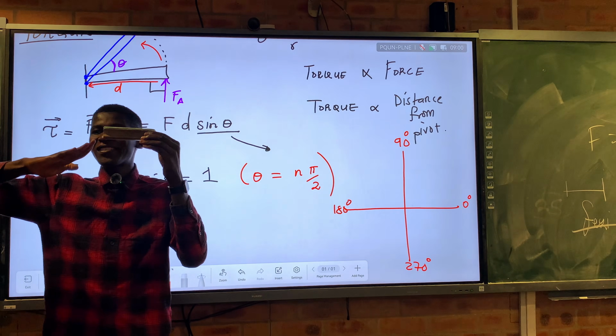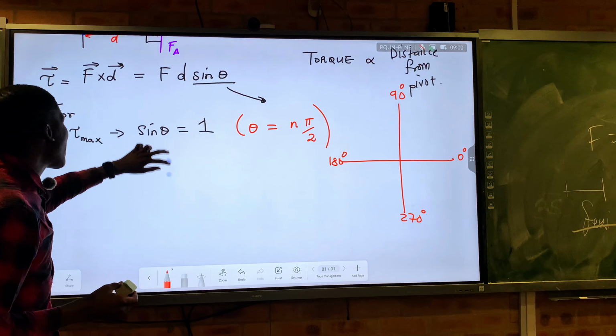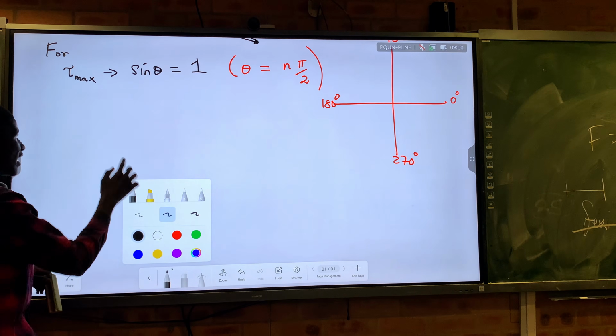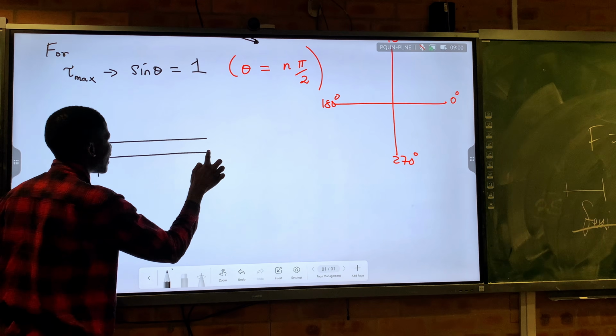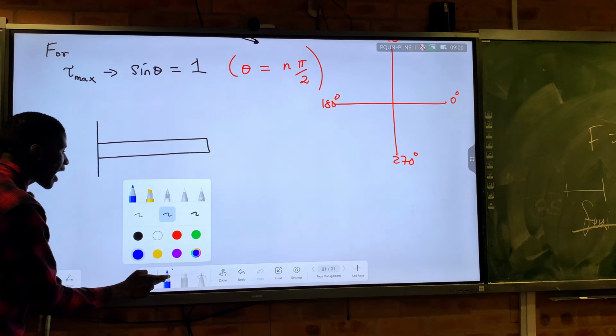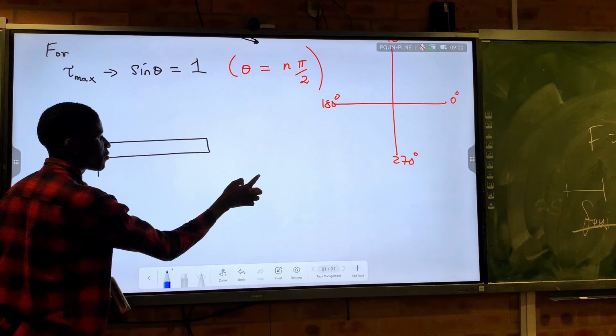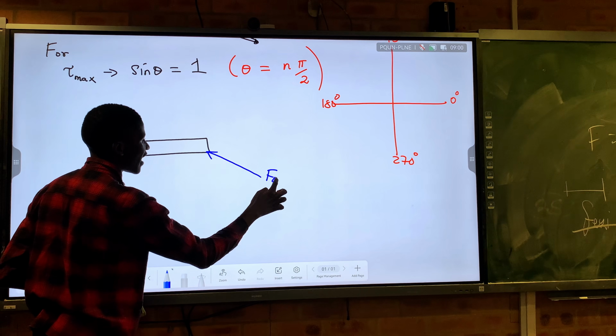Otherwise, if I apply a force again, in a certain different angle, with my pivot point here and this is my object, and I say this time I want to apply the force like this. So this is now my applied force.